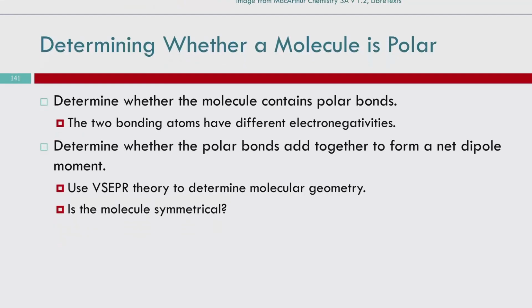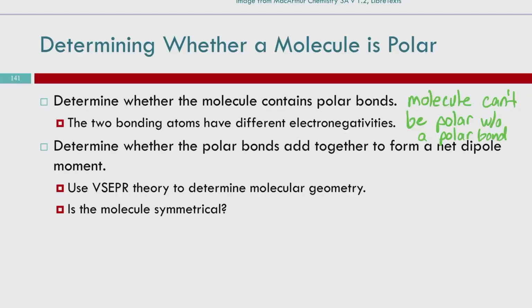Okay, so if we want to determine whether a molecule is polar, the first thing we need to do, and this is an important check, is determine whether the molecule contains polar bonds. The molecule can't be polar without at least one polar bond.